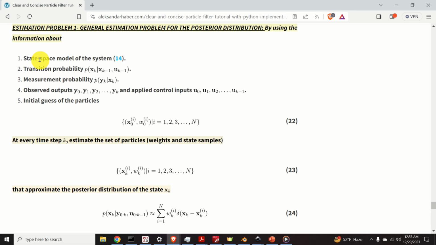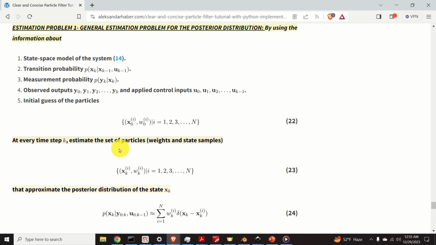By using the information about number 1, the state space model of the system, number 2, the transition probability, number 3, the measurement probability, number 4, the observed outputs y0, y1, y2 until yk, and the applied control inputs u0, u1, u2 until uk-1, and by using the initial guess of the particles given by this set, at every time step k, estimate the set of particles that approximate the posterior distribution of the state xk given by this equation.